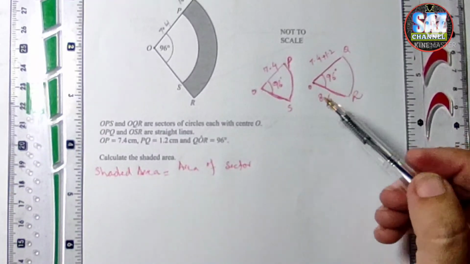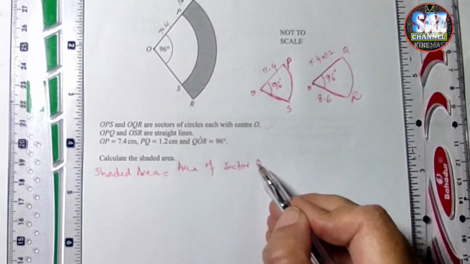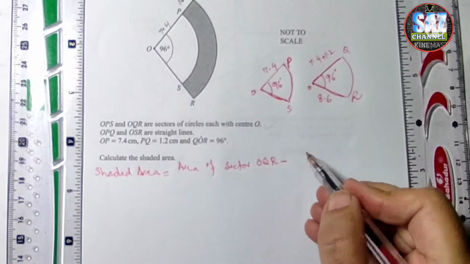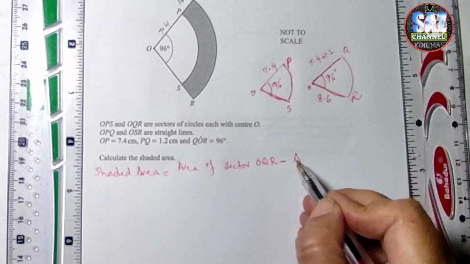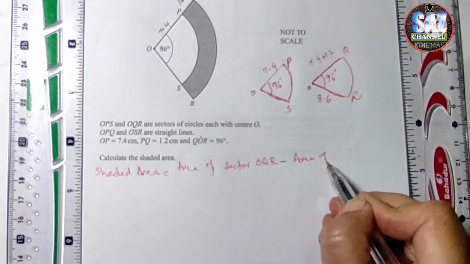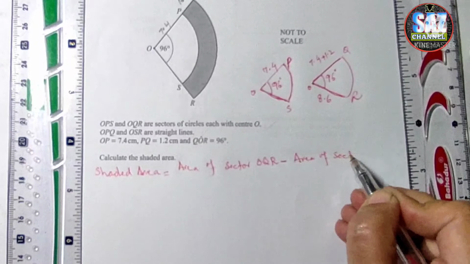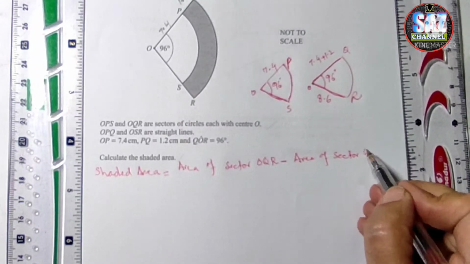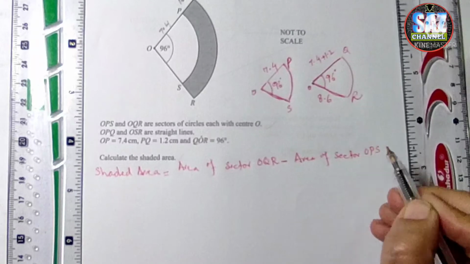The bigger one, OQR, minus the area of sector, recall the formulas, OPS.